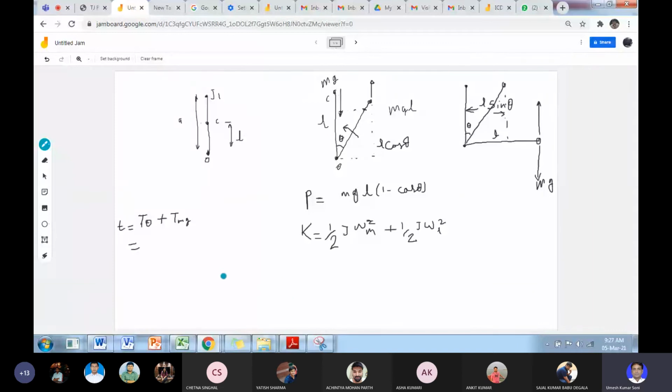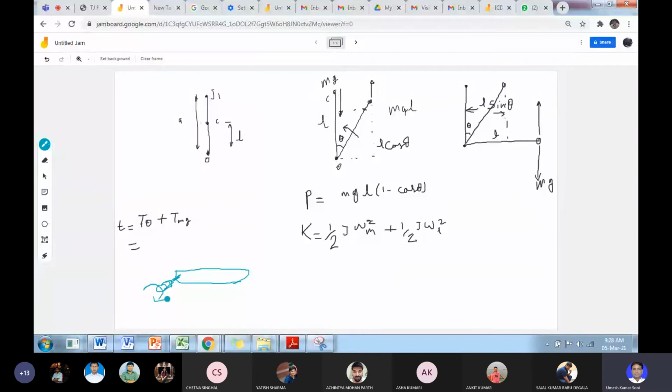Suppose we have this diagram as given in the book, and this is another link. Simple structure is this, and this is a simple shaft, and this is another inertia portion.